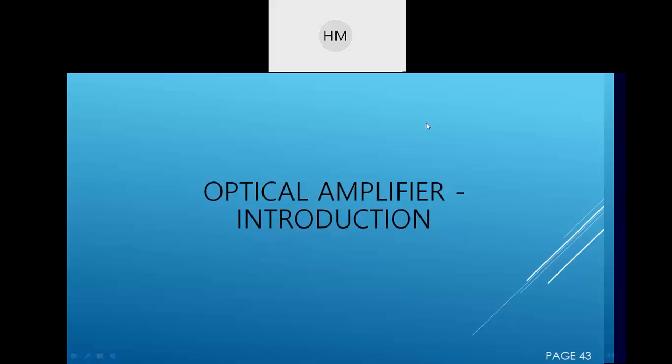We use repeaters, which require optoelectronic devices for source and detectors. But optical amplifiers are placed at intervals along a fiber link to provide linear amplification of the transmitted optical signals. Regenerators and repeaters were the substitution for optical amplifiers.